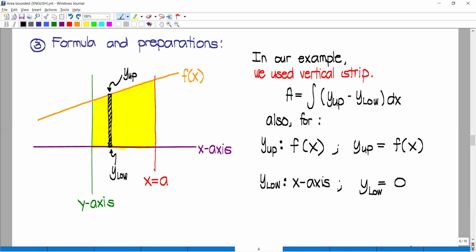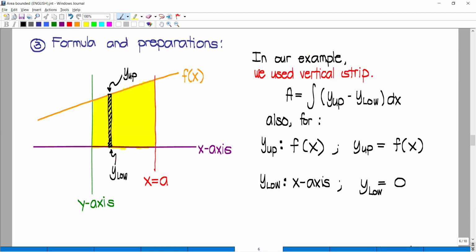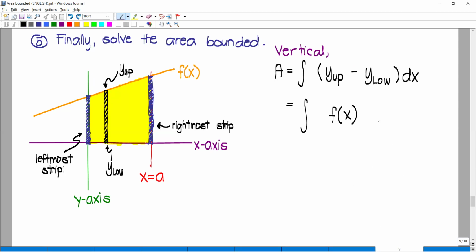But here in our example, let us just write that the y up is the f of x. And going back to our step number 3, the y low is equal to 0. So we have minus 0 here.